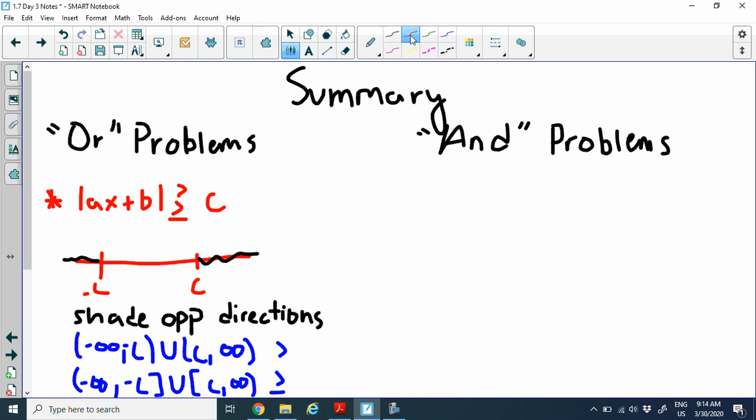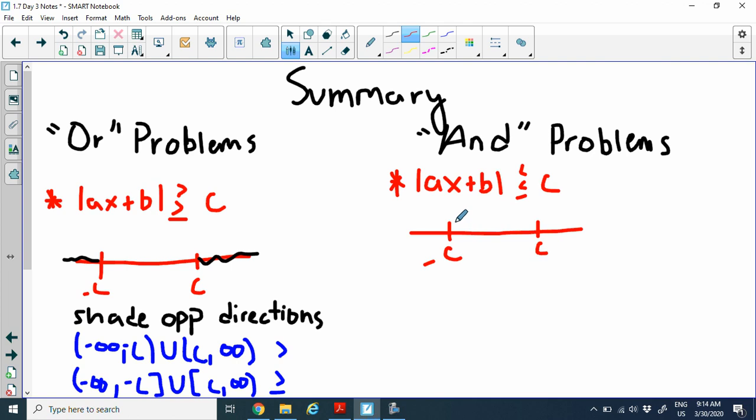Okay, let's talk about and problems. Okay, so for this, let's say we have it where we have the positive c. So we have ax plus b, the absolute value of it. It's either less than or it could be less than or equal to a positive c. Well, remember when we do this, and once again, I'm just doing random values here, that means we would shade in between. Okay?